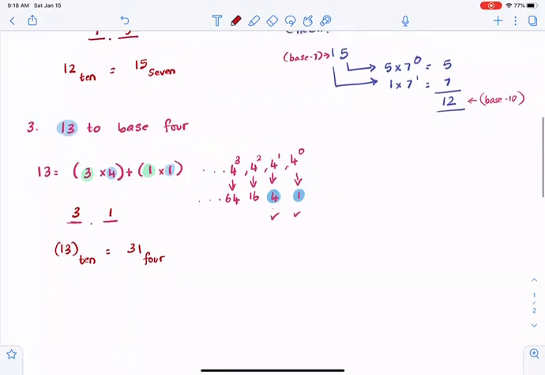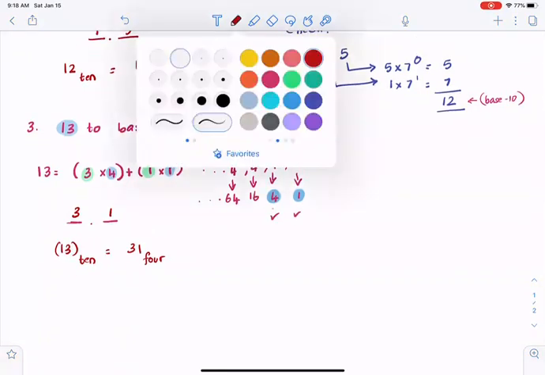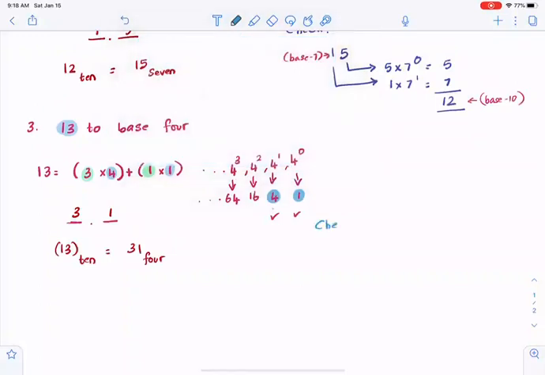So we can do our usual check just to be sure we have the right answer. 31, we want to convert it to base 10. So 1 times 4 raised 0, 3 times 4 raised 1. 1 times 4 raised 0 is 1. 3 times 4 raised 1 is 12.